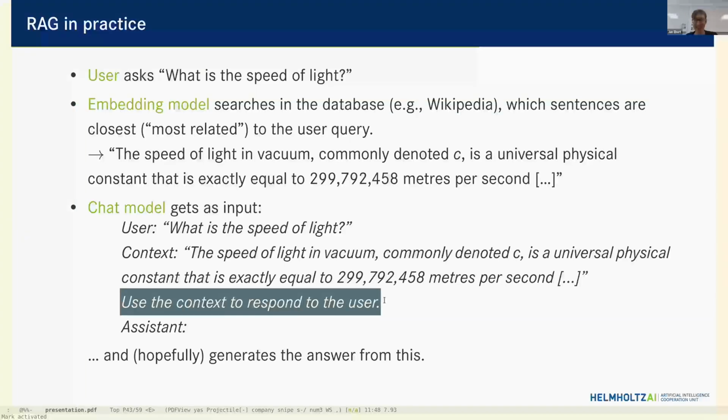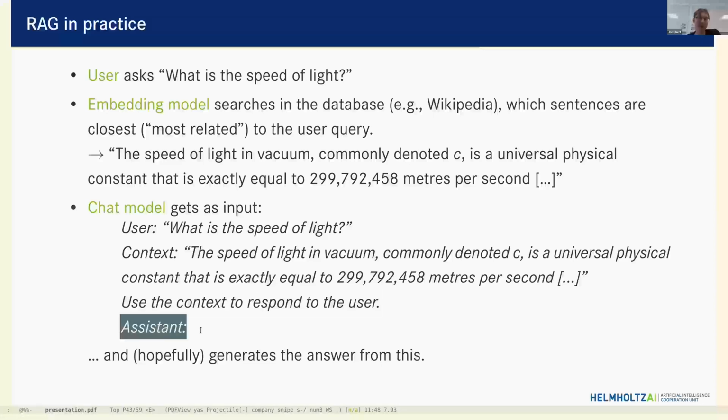So really, it's just giving an instruction to the model to use the information that we provided. Then we can ask the model to give its own answer. And hopefully it will be the correct one and say, the speed of light is 299,000 million meters per second. So that is retrieval augmented generation.